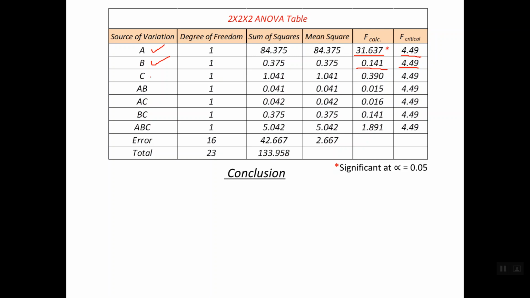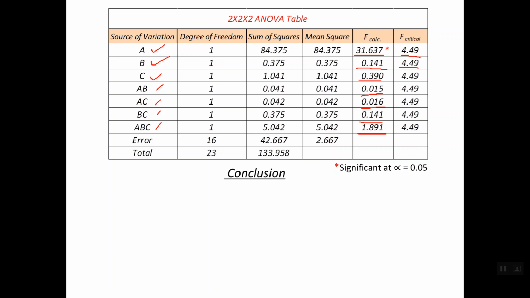Notice for the rest, which are C and AB and AC and BC and ABC, all the F values are less than the F critical.